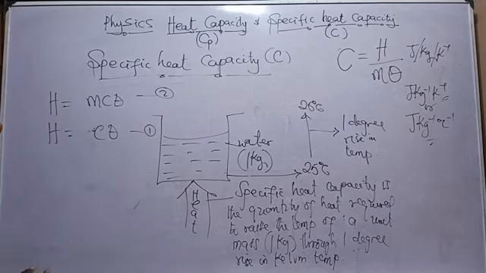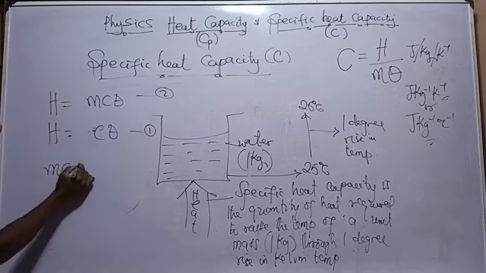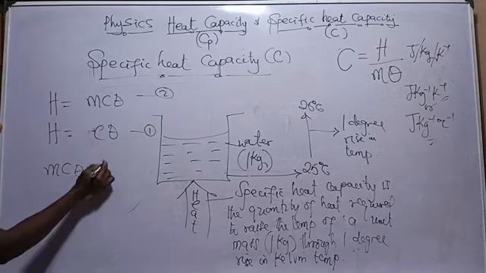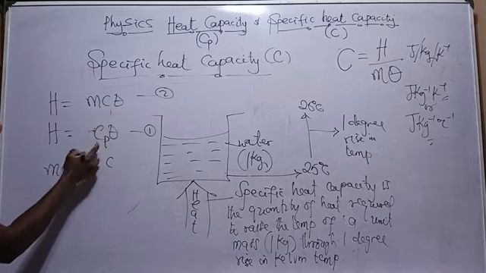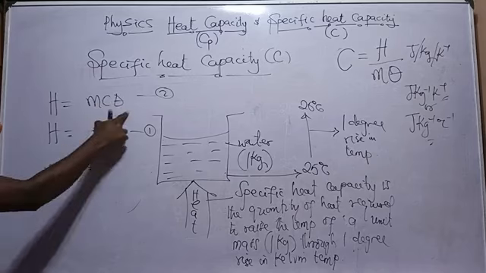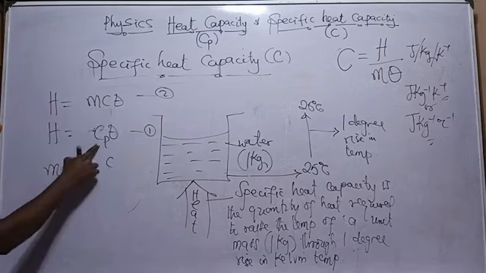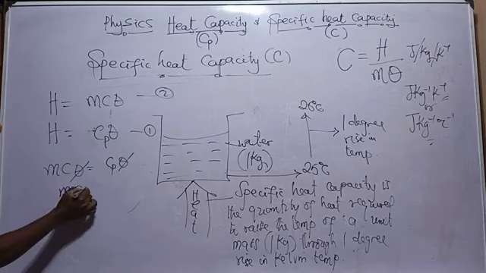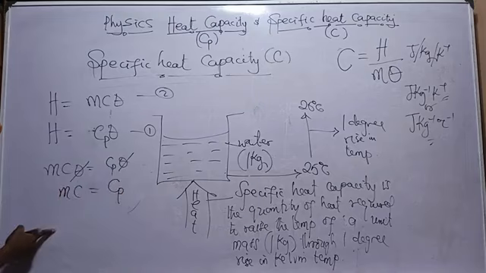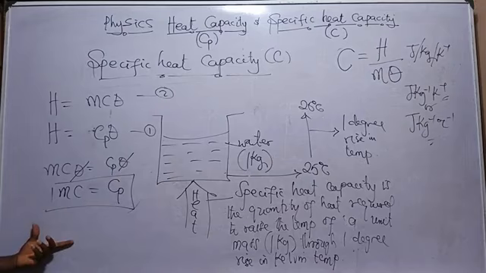If you compare both of them now, you are going to have what? mc theta, this one, equal to, this one is heat capacity, right? So mc theta, which is specific heat capacity, equal to heat capacity. So the temperature here we cancel out. So we have mc equal to heat capacity. And this gives the relationship between specific heat capacity and heat capacity.